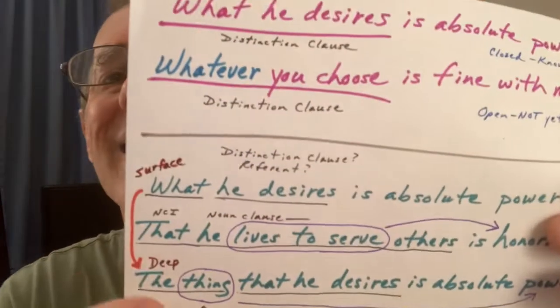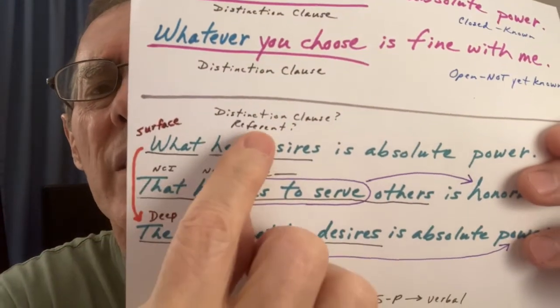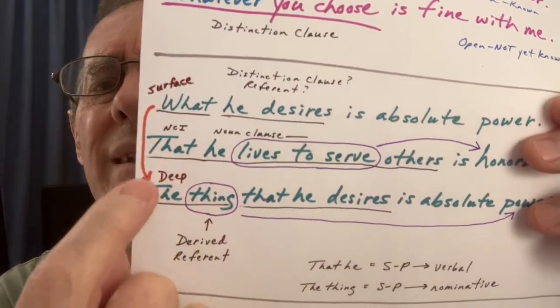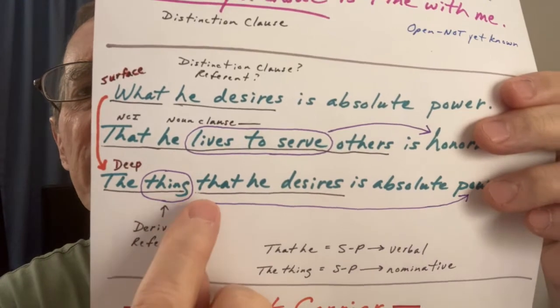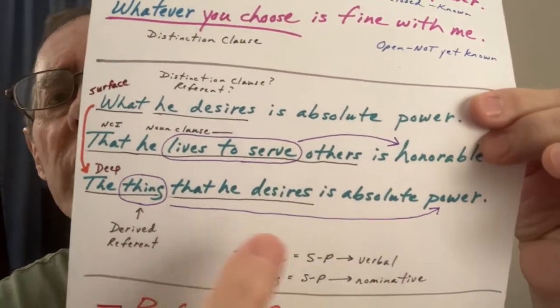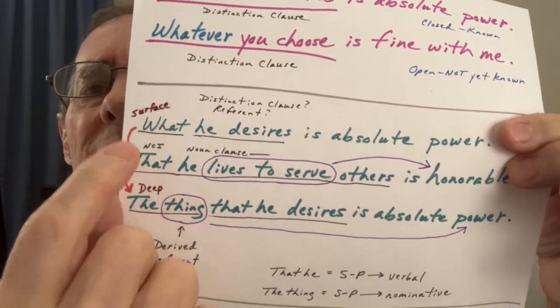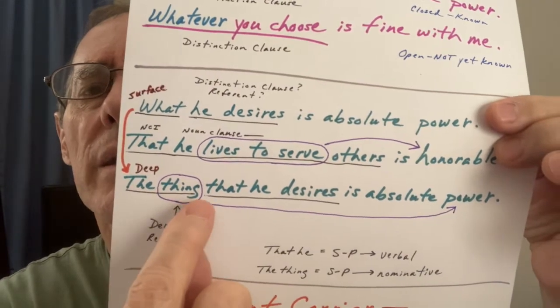And to explain the difference clearly, instead of what he desires, I converted that: the thing that he desires is absolute power. I converted the word what to the thing that. So you can plainly and clearly see what's going on at the deeper, abstract level.